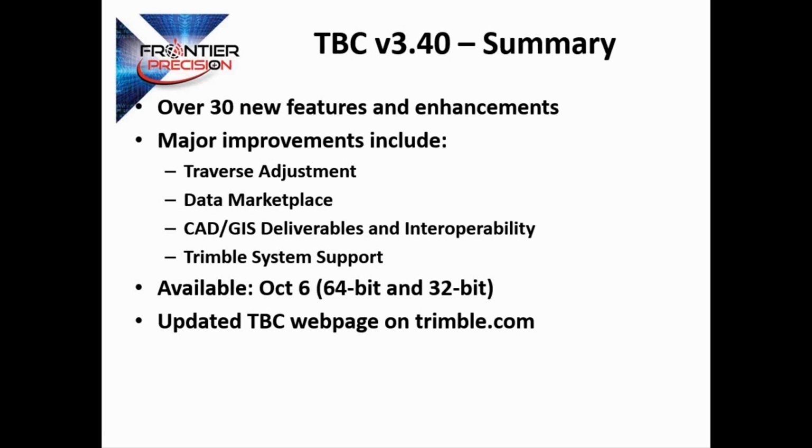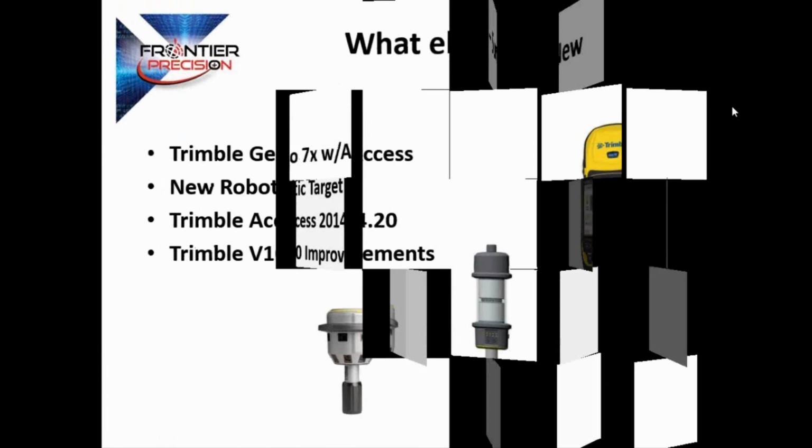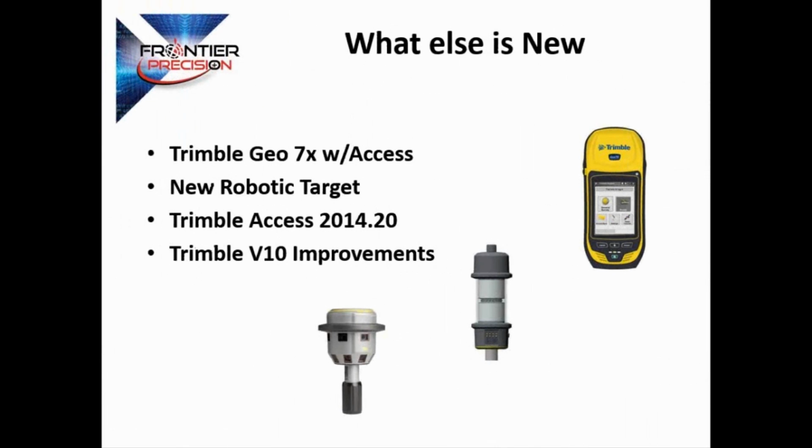TBC 3.4 is available now. As long as you are on support, you can head out to the Trimble website and download 3.4. So with that, I will hand it back over to Steve to give us a little rundown on what's new.